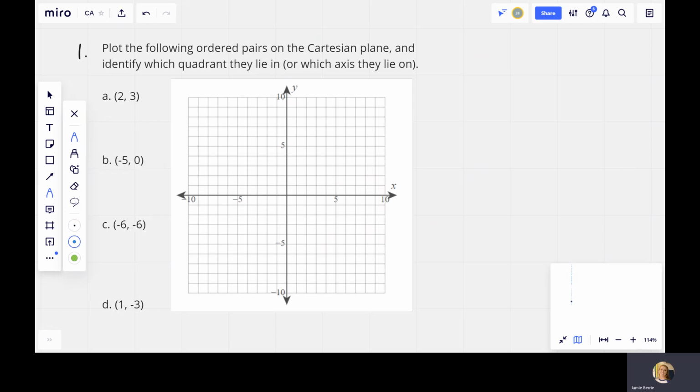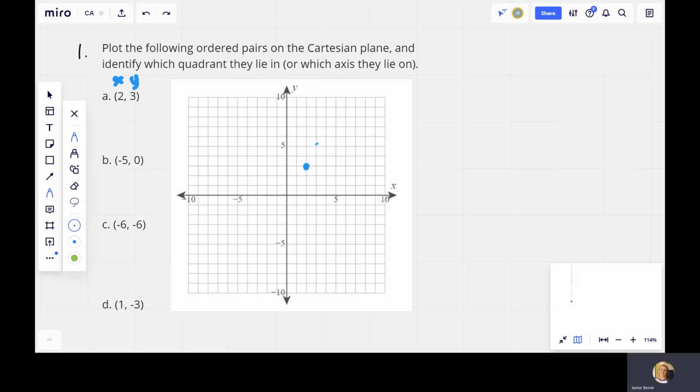We'll start with a light blue for 2, 3. All right, so again, this is an x and our y. So we're going to go in the positive direction 2 units, so that's 1, 2. And we're going up 3. So 1, 2, 3. All right, so there's the ordered pair 2, 3. We can go ahead and write out to the side.